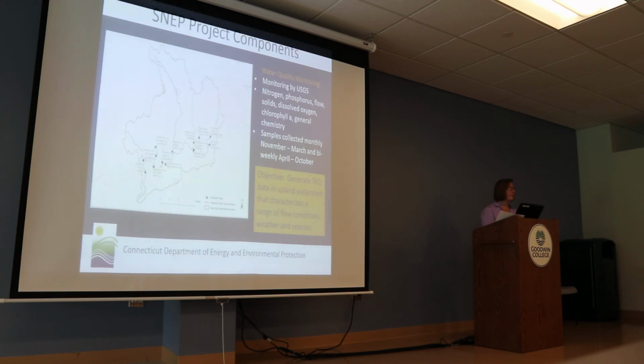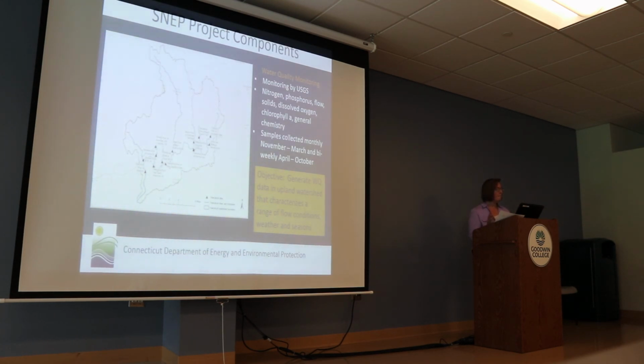So there are two main components for the SNEP part, the funded part for the Pawcatuck. The first one is data collection in the freshwater estuary. We have contracted with USGS to do monitoring at about 14 different locations in the watershed. You see the watershed here, and you've got Connecticut on the left-hand side, and most of it's in Rhode Island on the right-hand side. But again, it's important to have the whole watershed.